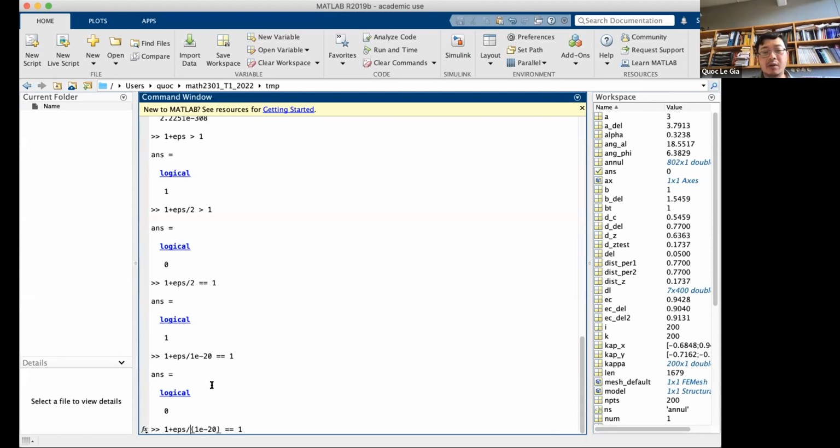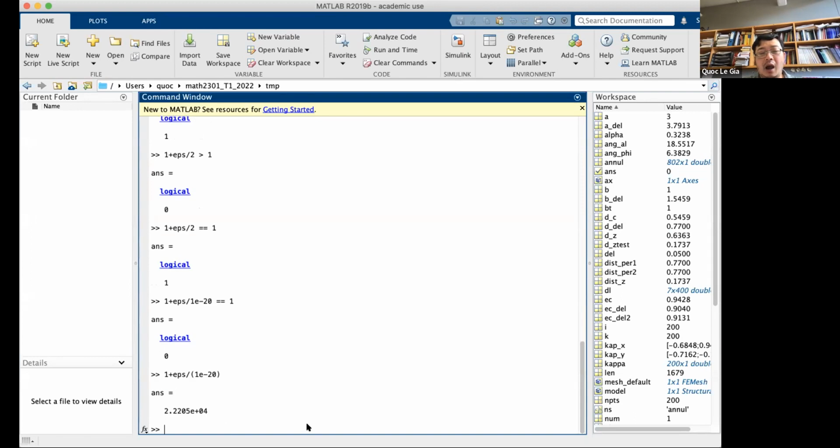Because if you divide by a very small number, it becomes very big. In this case, when you add it up, there is some rounding, but the rounding will be to the big number.